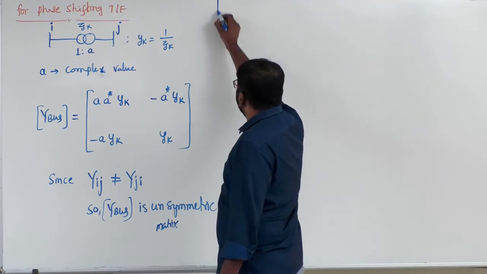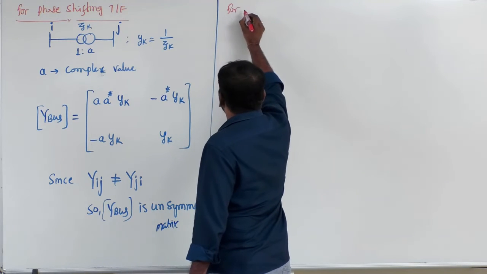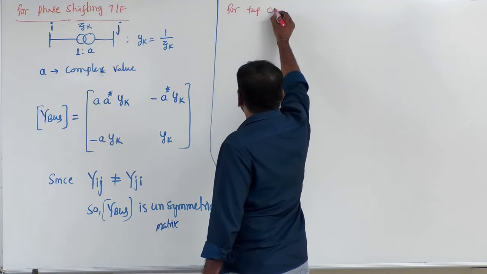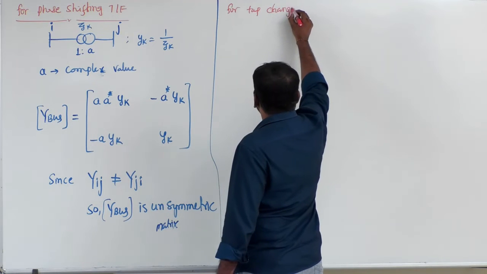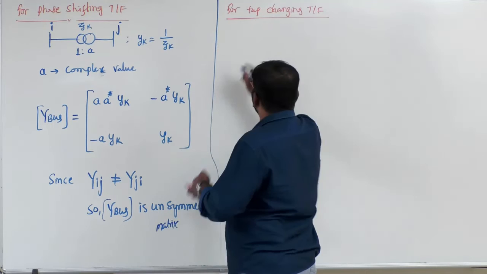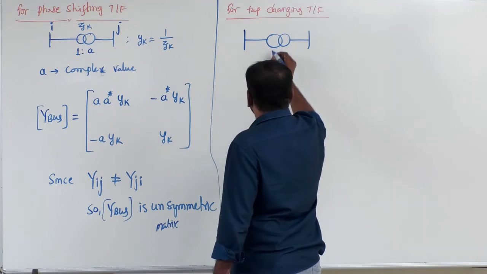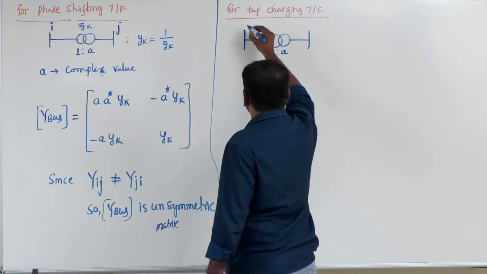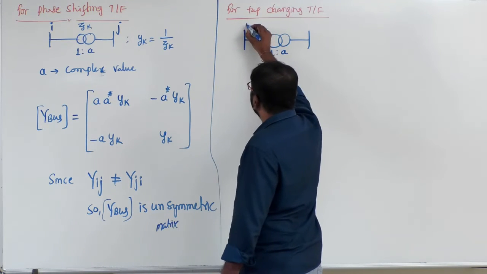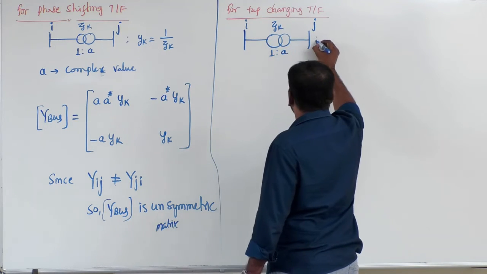Now, if it is a tap changing transformer, what can I write? A is a real number. Same thing, between the ith and jth buses, the tap changing transformer is connected with transformation ratio A. Series impedance of the transformer is Zk.